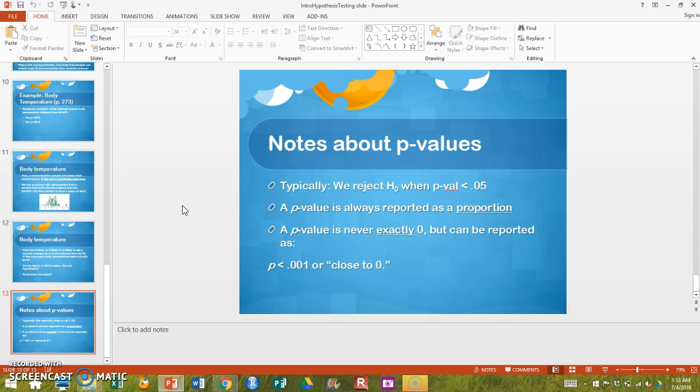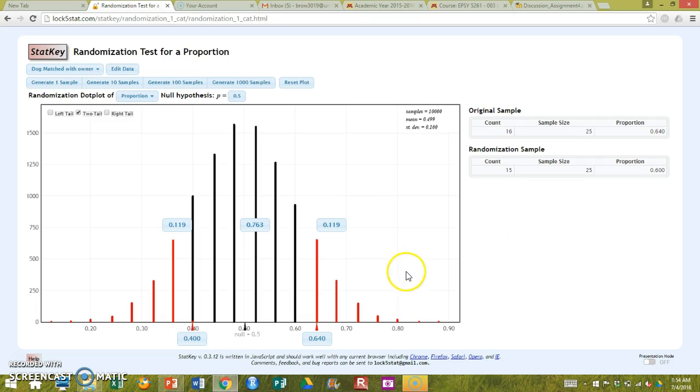It may be 0 in the simulation, but in reality, it never actually is 0, because we always say that there's just some tiny chance even of getting the observed result just by chance. So we just say that the p-value is either close to 0 or less than 0.001 if it ever is 0 in StatKey.